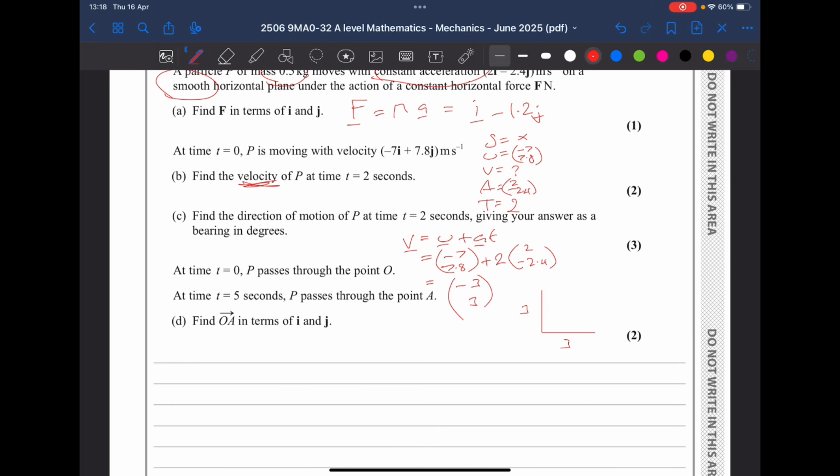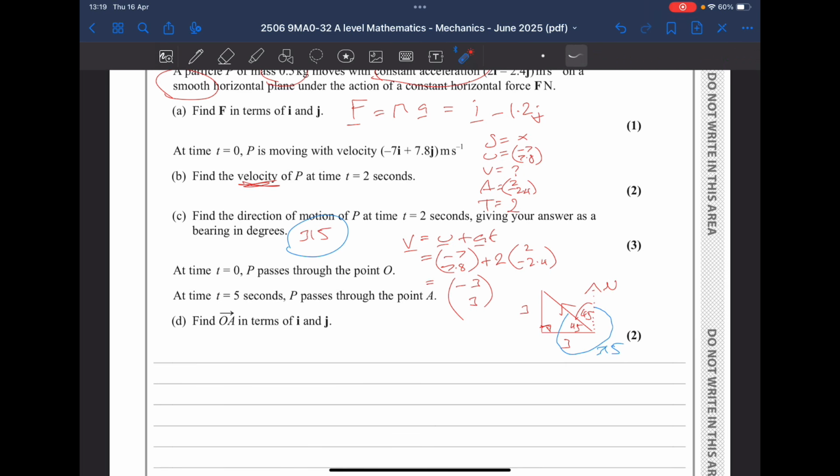So something along these lines, and we're going in that direction. So this, with it being 3 and 3 and a right angle, is also a right isosceles triangle. So this is 45. So if we think about where north would be, this side is also 45. So if we were to measure all the way around the other way, that's 315. So our bearing should be 315.